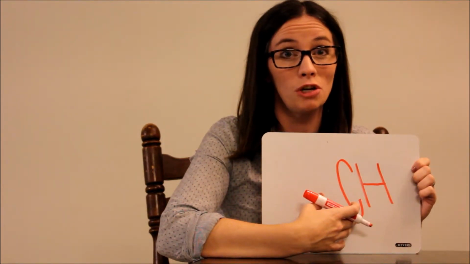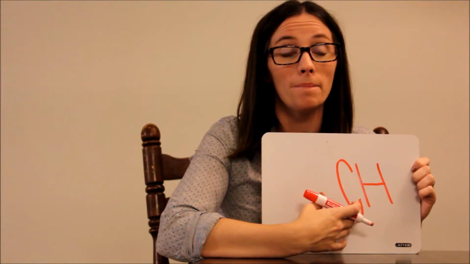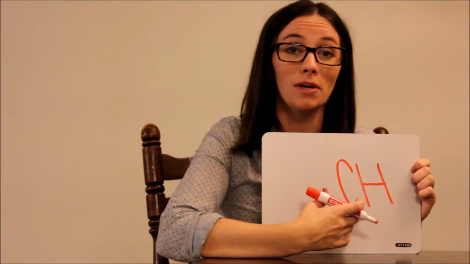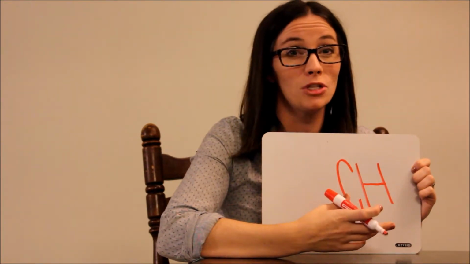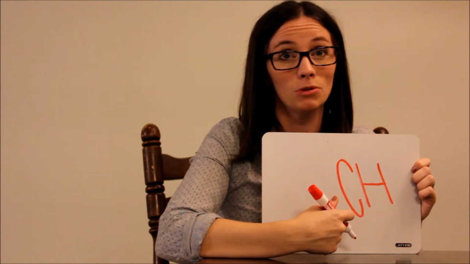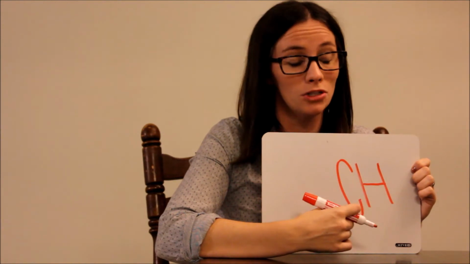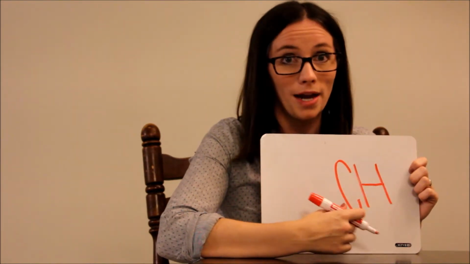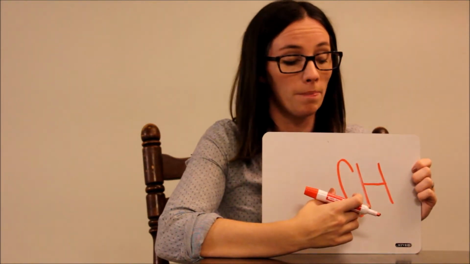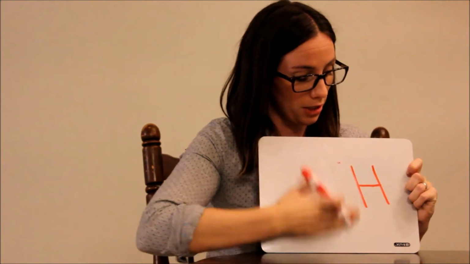So we always teach ch first, like chicken. And then the rest of the rhyme is that you give the chicken to the Christmas chef. So you can teach them that all at the same time, or if you just want to teach the first most common sound, that's fine, however you want to do it with your students. You can roll that into the little rhyme as well, but I usually just do choppy talking.